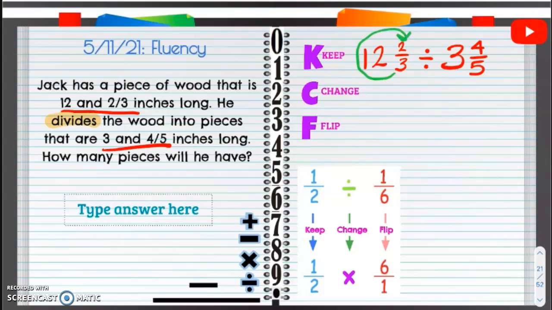So we're going to do 3 times 12 and then add 2. 3 times 12 is going to be 36 plus 2, 38. And we're going to keep the same denominator of 3. Then we have 5 times 3, which is 15, plus 4 is 19. We're going to keep the same denominator of 5.